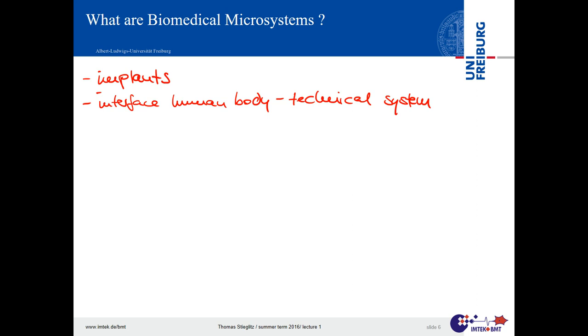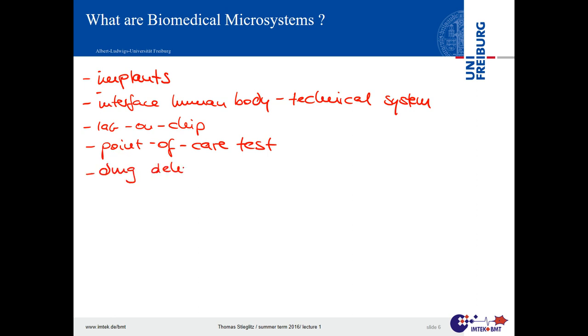Any other ideas? Lab on chip. Right. Diagnosis, okay.